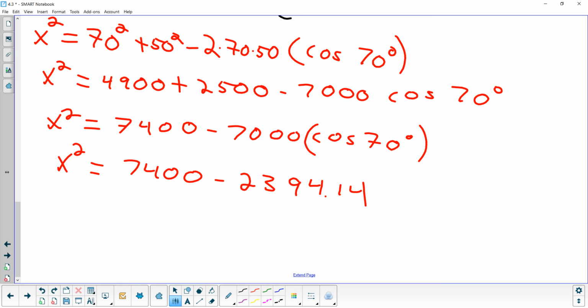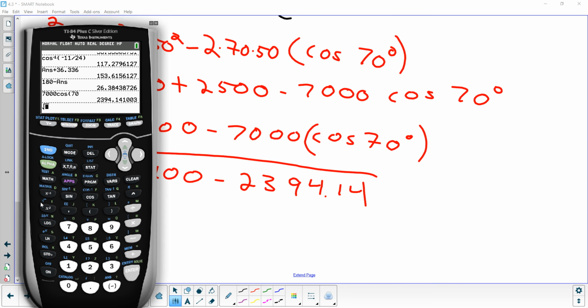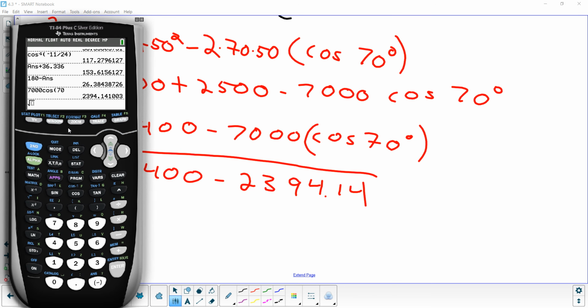How do I get that exponent of 2 to go away? I'm going to take the square root. So let's just do the square root of that whole thing, and that's our answer. So square root of 7,400 minus 2,394.14.